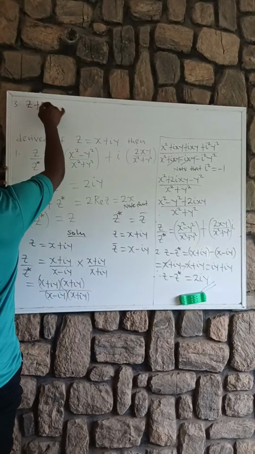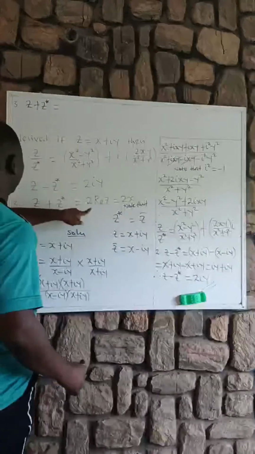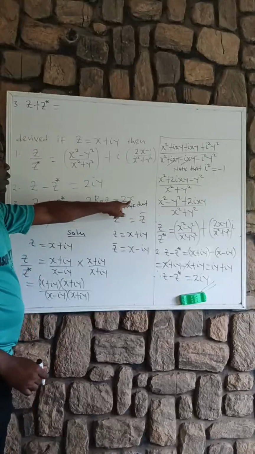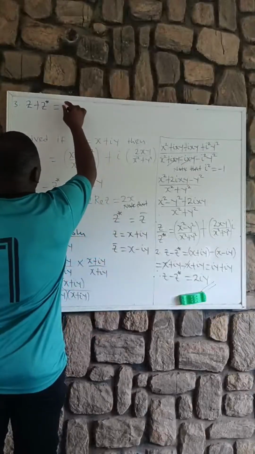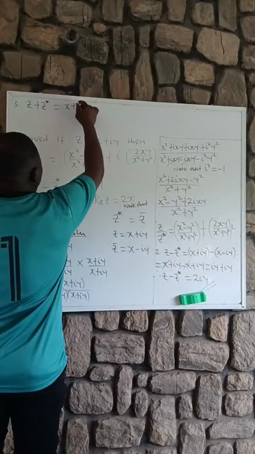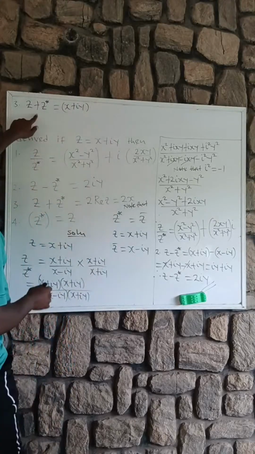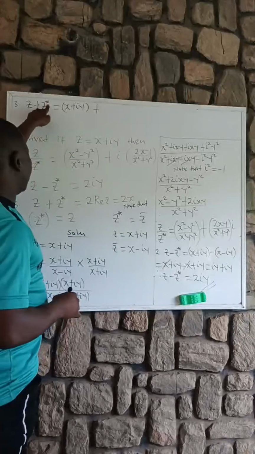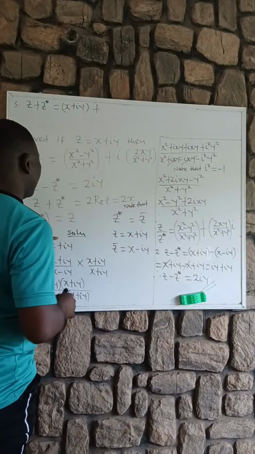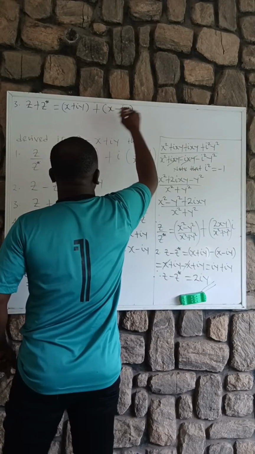z plus z star, we should prove that it equals 2x. It's as simple as ABC. Is that clear? So our z is given as x plus iy. Then z star is the conjugate of z, which is what? x minus iy. True or false?